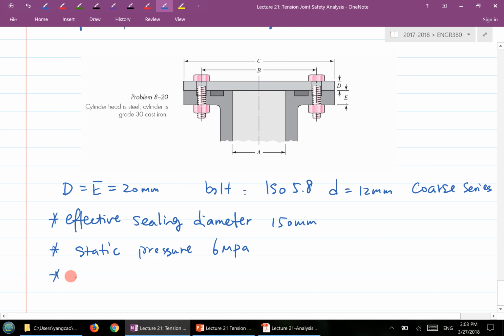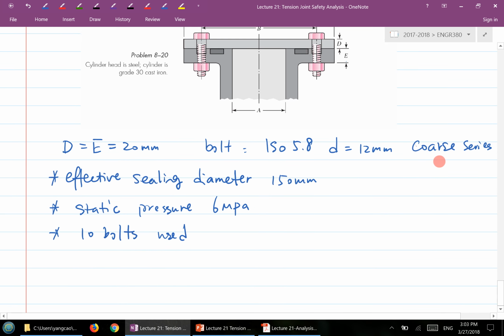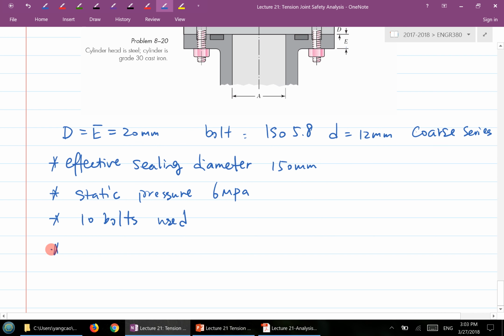Okay, and then 10 bolts are used here. So there are 10 bolts surrounding the gasket. You see this is basically actually a seal, just a seal here. Okay, so this should be enough. Oh, right, one more. We're talking about a non-permanent joint.